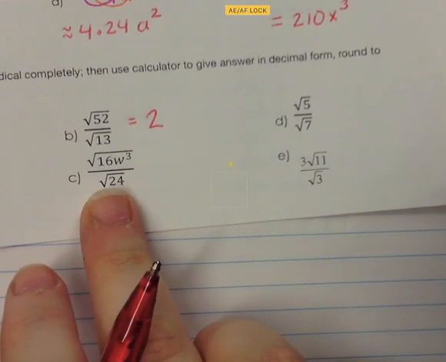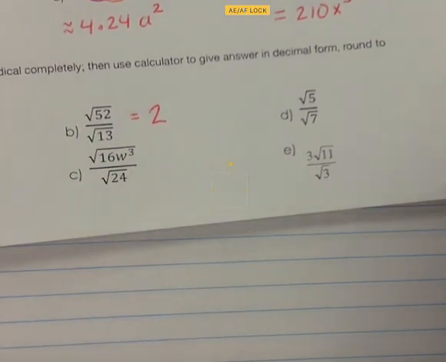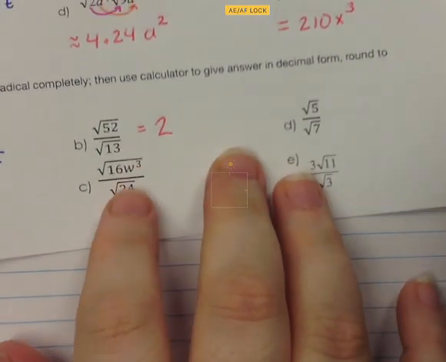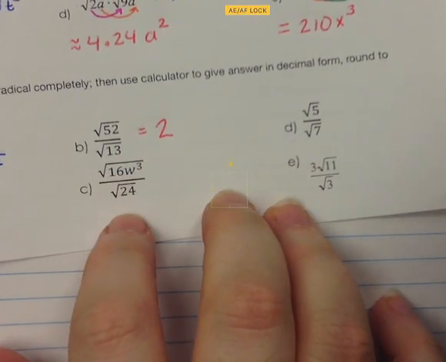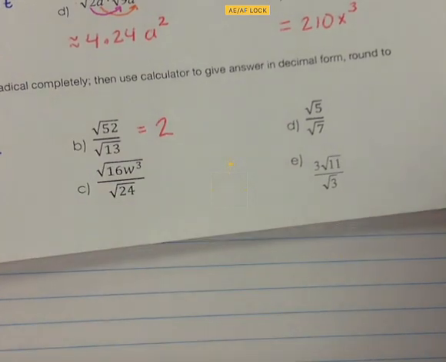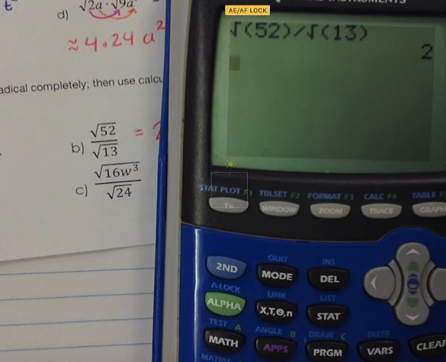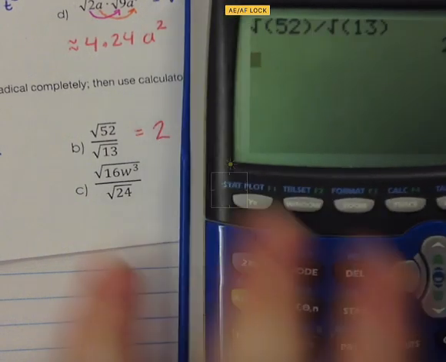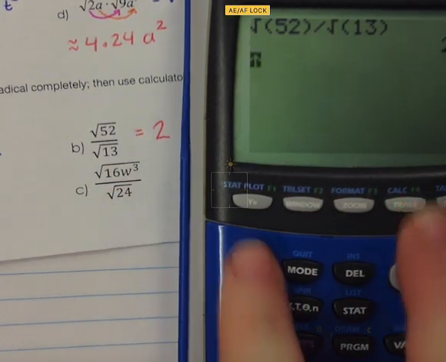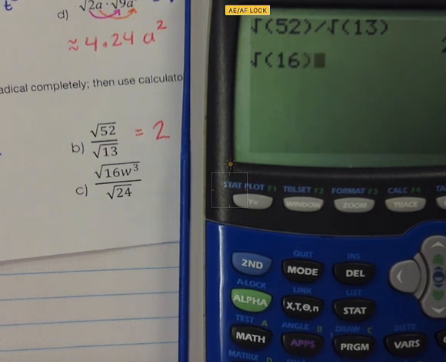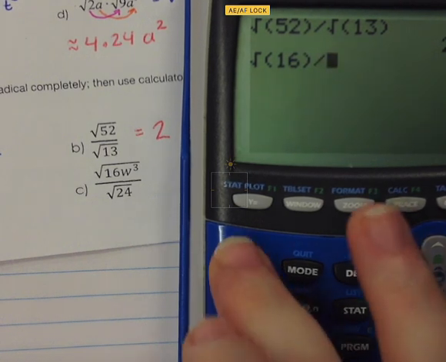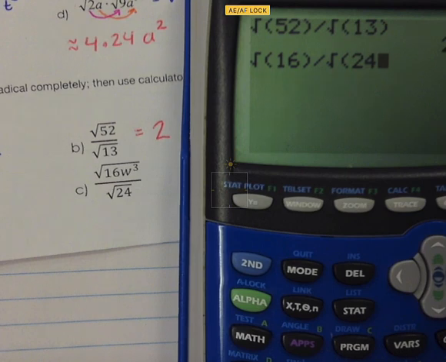On C, we want to simplify. So we have 16 over 24, because these are both square roots. Inside the square root, there's a 16, actually we can do it all together. It's the square root of 16, close parentheses, divided by the square root of 24, close parentheses.